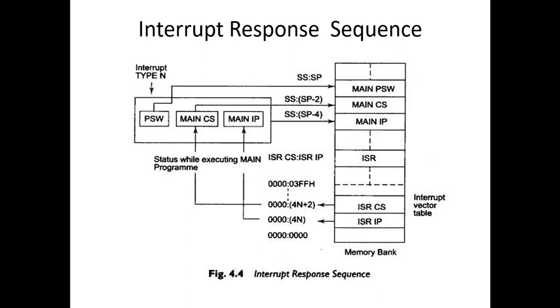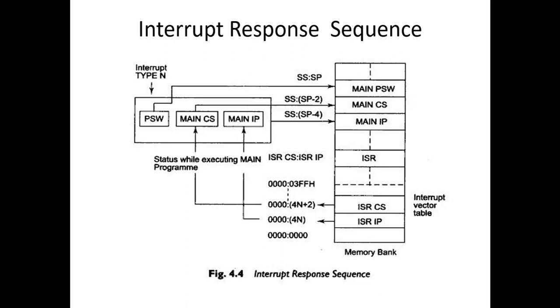The new address of this ISR is found from the interrupt vector table, and the execution of the ISR will start. After completing the ISR, the control will be returned back to the main program.